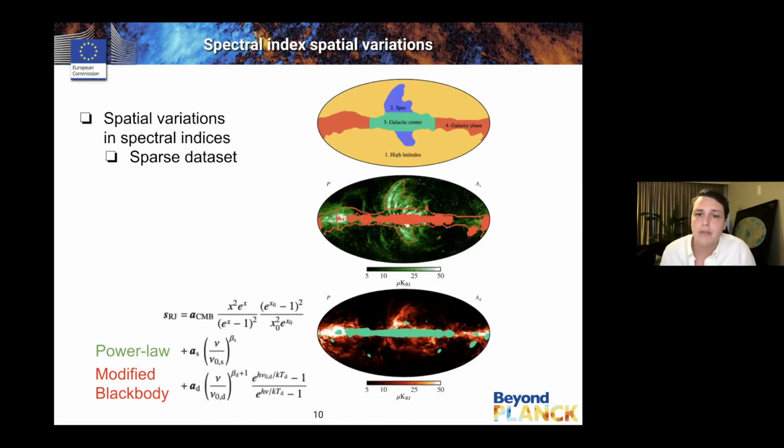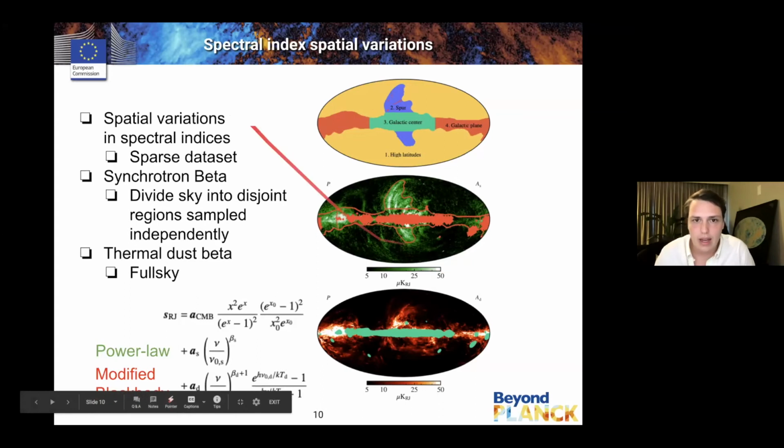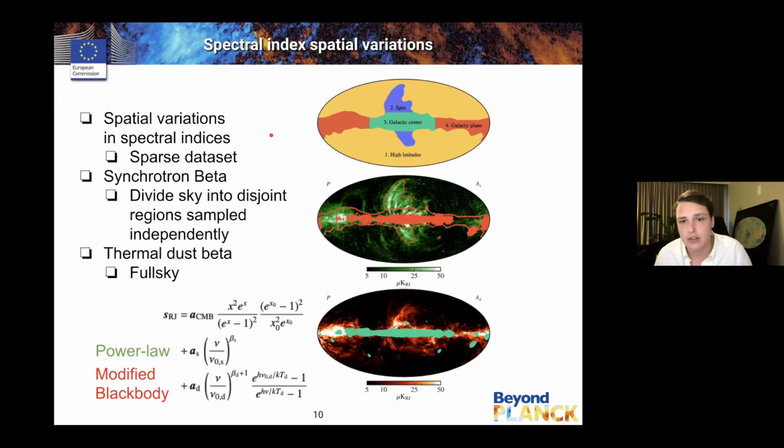So for the synchrotron component, we divide the sky into large areas that we sample independently instead. For the thermal dust component, the thermal dust beta, we sample that on the full sky. And again, we don't have those intermediate Planck bands that could potentially constrain that even better, but again, showcase of the algorithm.